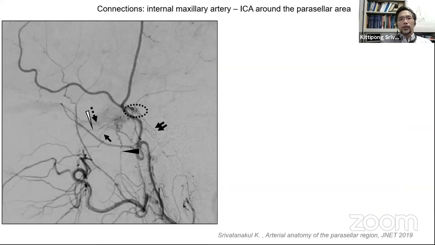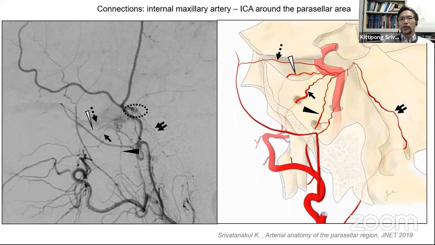A little bit more: there are a lot of spaces over here, a lot of little foramina. Again, the same thing, a little bit oblique. This is the foramen ovale. This is the accessory middle meningeal, connected. This one can go to the ILT, and it can also go to the meningohypophyseal trunk with the same logic.